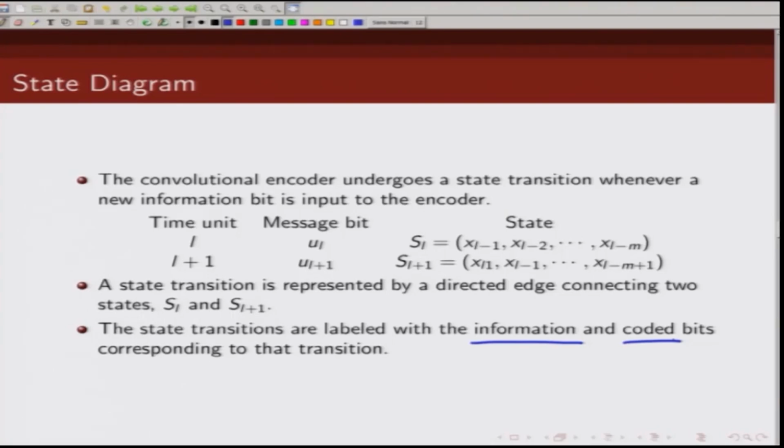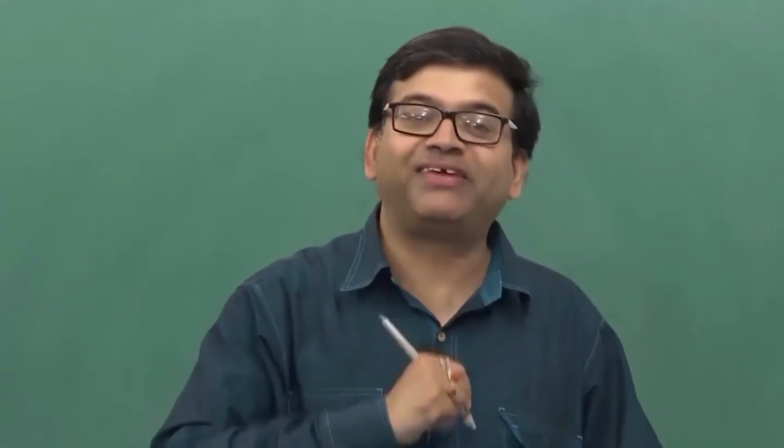So, let us say an information bit 0 causes you to move from state 0 0 to state 0 1. Then we will draw a directed edge from state 0 0 to state 0 1, label it with the input, which is 0, and also write the corresponding output. That is how we label all these state transitions.